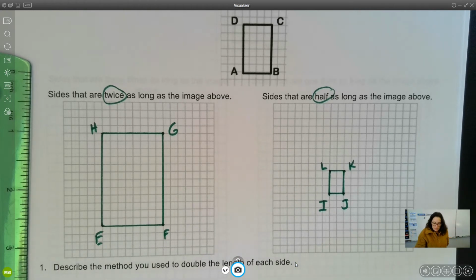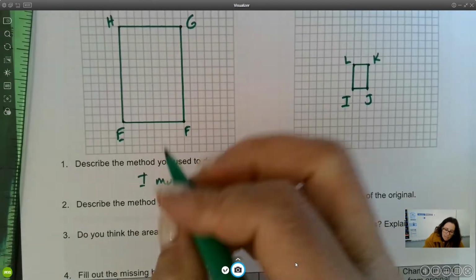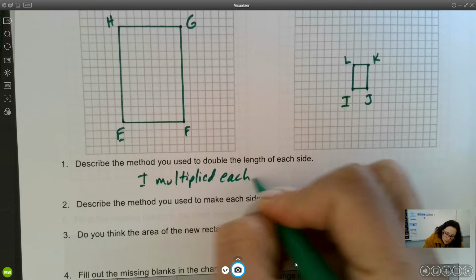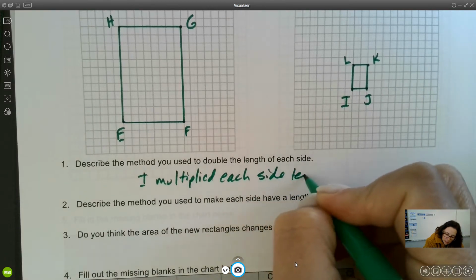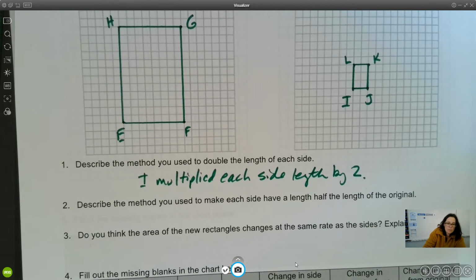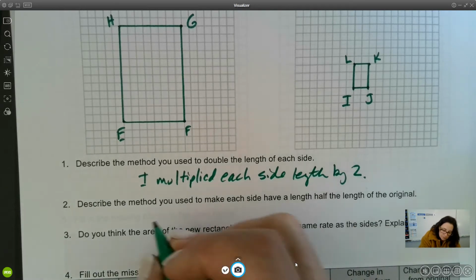All right, describe the method you use to double the length of each side. So I multiplied each side length by 2. Describe the method you use to make each side have a length half the length of the original.